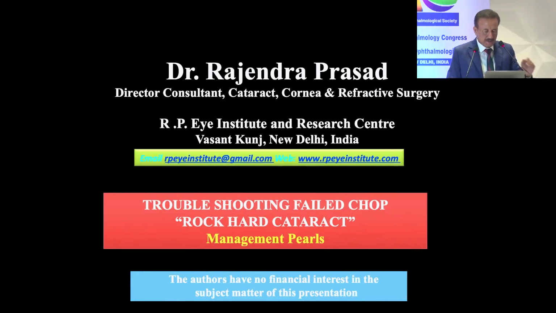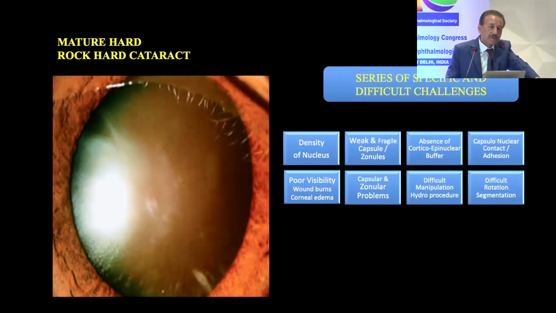So over to you, Dr. Rajendra. Okay. So we all come across these rock hard cataracts in our clinical practice, and we know that there are a series of specific and difficult challenges when we deal with these hard cataracts: the density of the nucleus, the weak capsular bag, and the absence of the cortico-epinuclear buffer behind the nucleus.